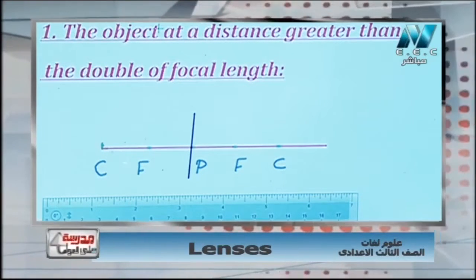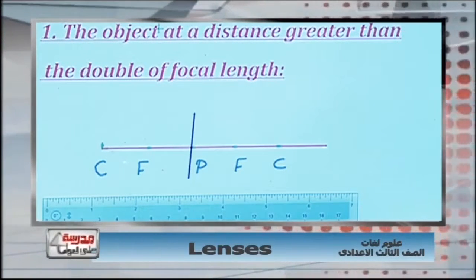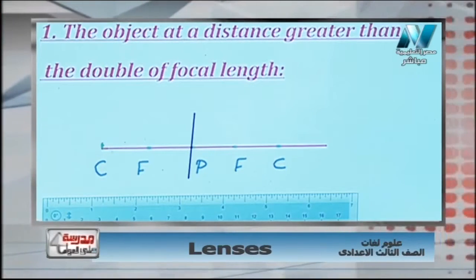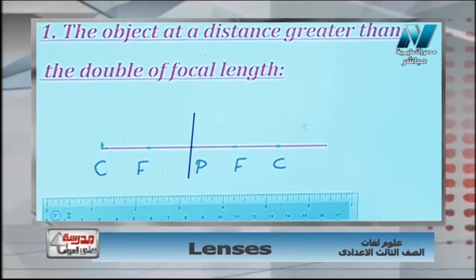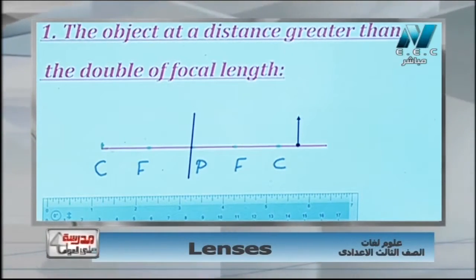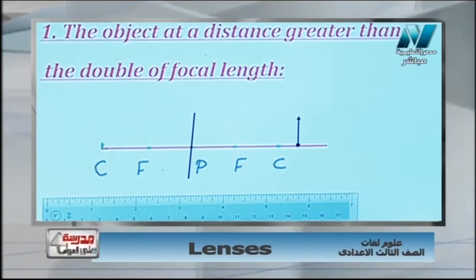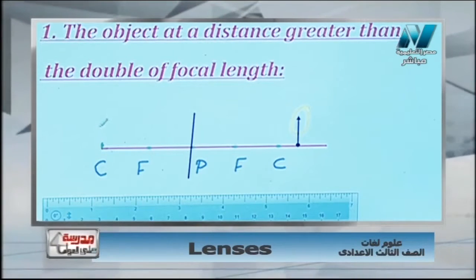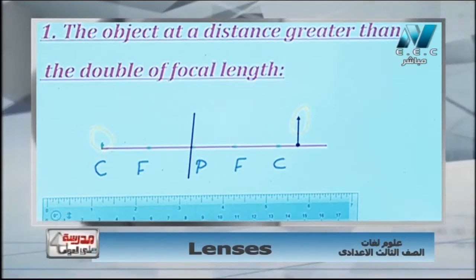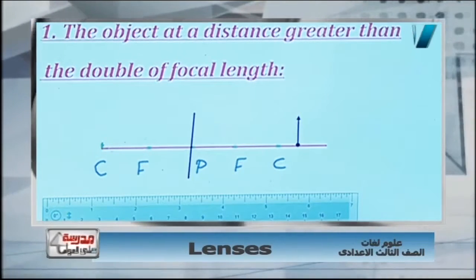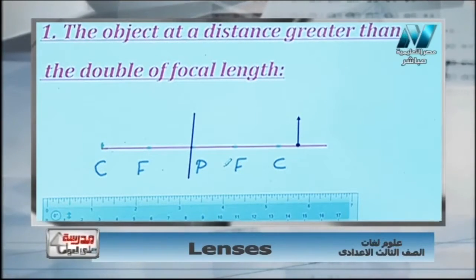It says the object is at a distance greater than double focal length, which means after the center of curvature. So the object is here now, from the right side or the left side. We can draw the object in this position or in this position, as you like, because any lens has two faces, or is made of two spheres.